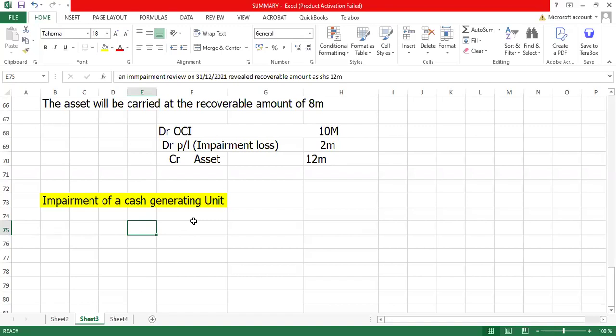So you have different assets that make a unit, and it is not possible to determine the value in use of one asset. In that situation, we must apply the knowledge of cash generating unit.